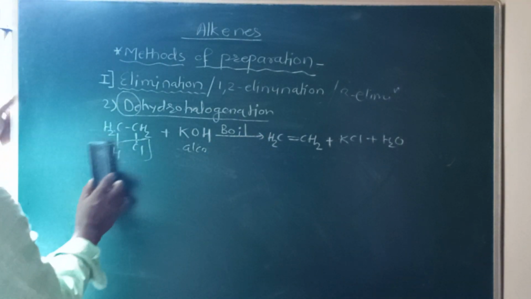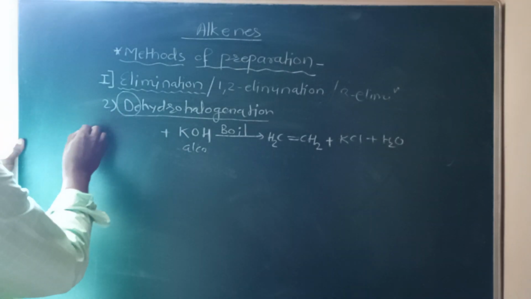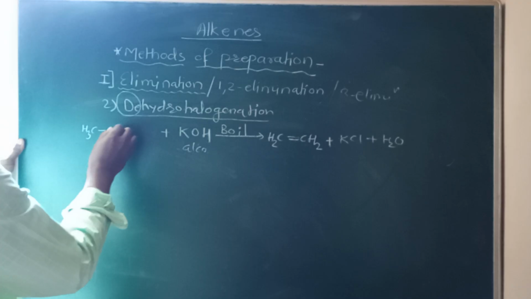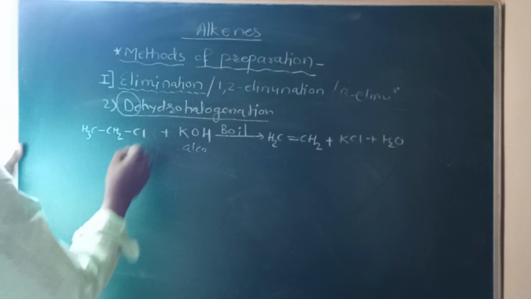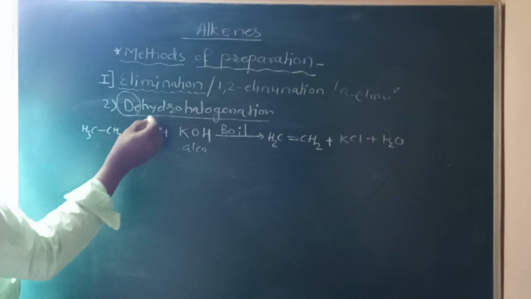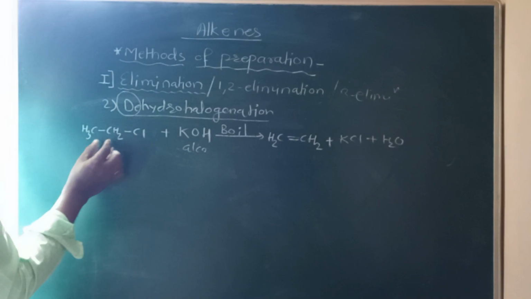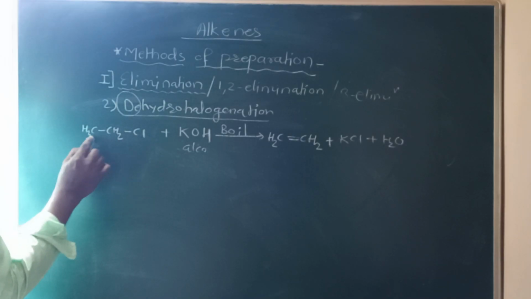So CH3, then CH2, and then Cl. Now again in this reaction, halogen and hydrogen get lost from which carbon? The adjacent carbon. If I label this as the first carbon, this becomes carbon number 2.